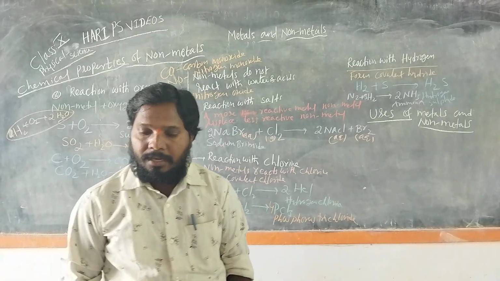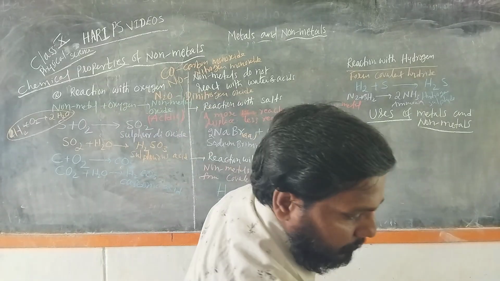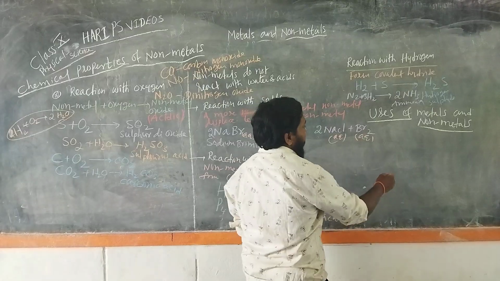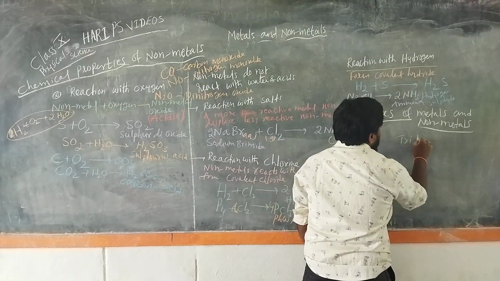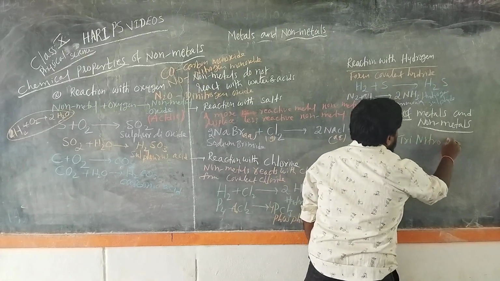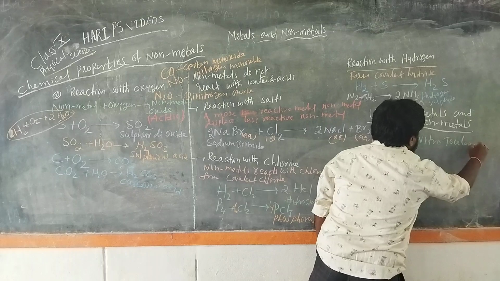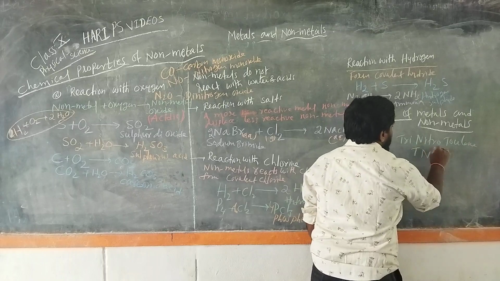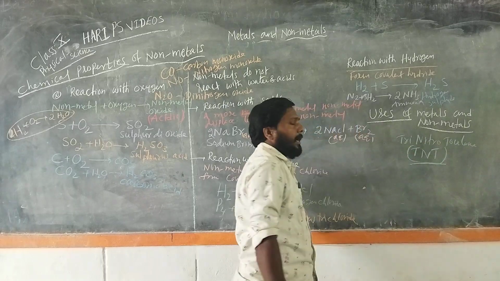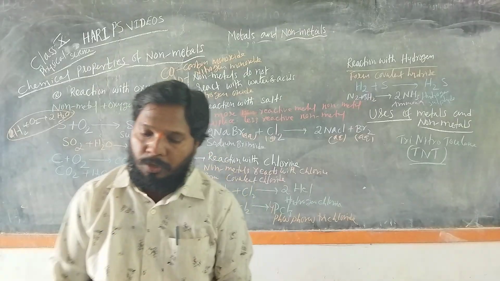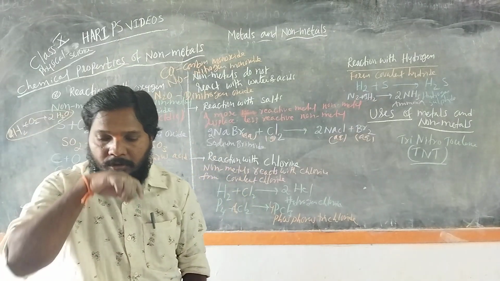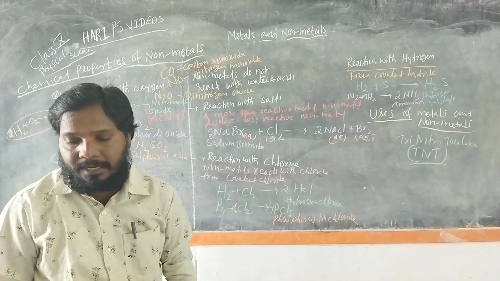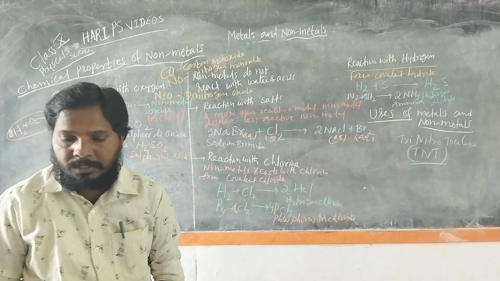Compounds of nitrogen like trinitrotoluene, TNT, you can call it TNT, and nitroglycerin are used as explosives.